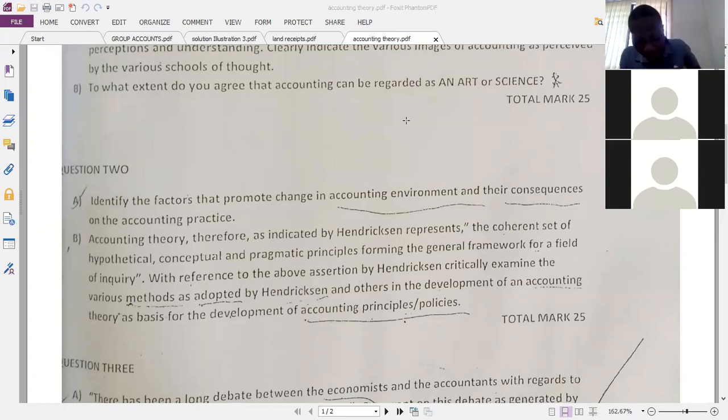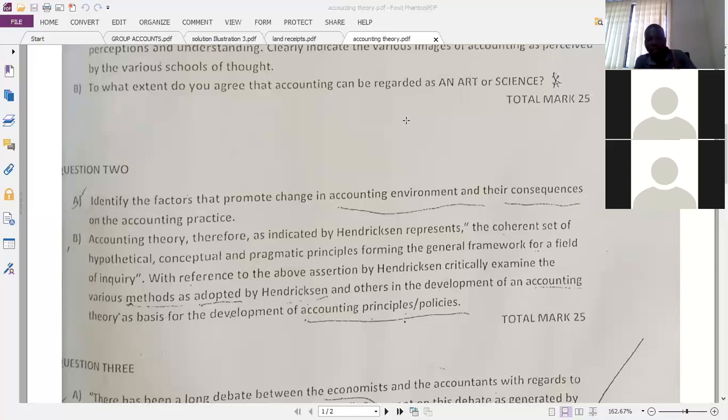Now, when we talk about the descriptive theory, the theory is an explanatory theory. So when I say, what is your name? I'm describing. How old are you? So the theory gives an explanatory value to issues.